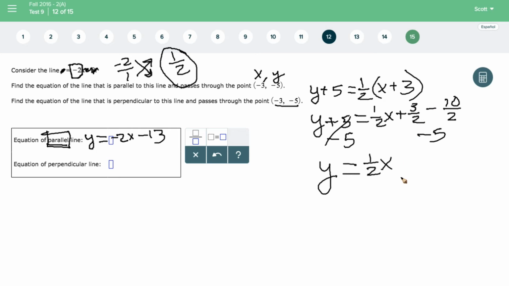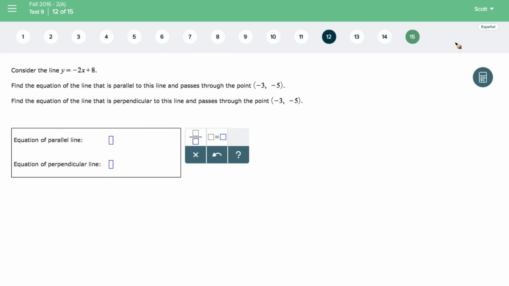So 3 minus 10 is negative 7 over 2. And that's our perpendicular line: y equals 1/2 x minus 7 over 2. Just like that. And that's how you do 10 through 12.